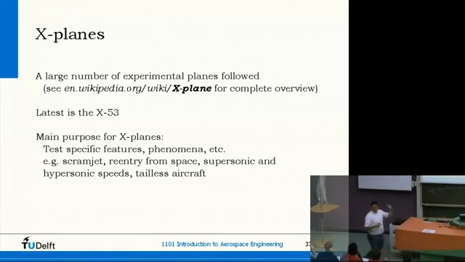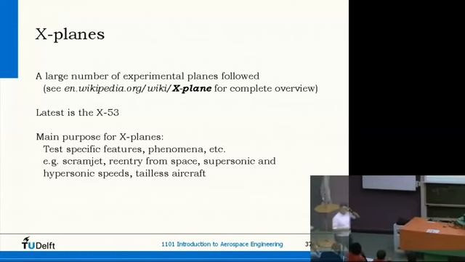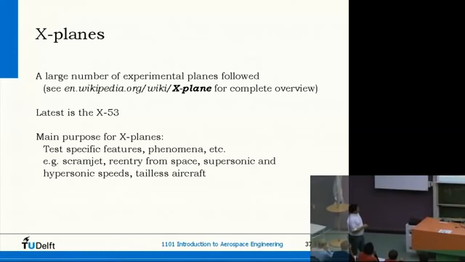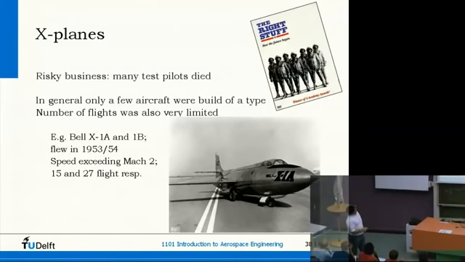First of all, the X-1 was to conquer the sound barrier. Here you see another one, X-1A, X-1B, derivatives of the X-1. The Bell X-1B flew a few years later, and they exceeded even Mach 2, 2 times the speed of sound.